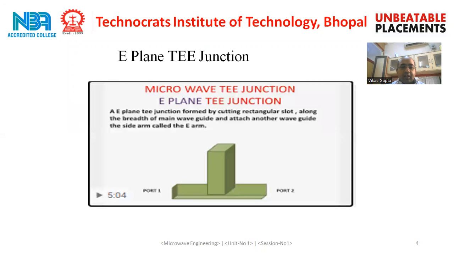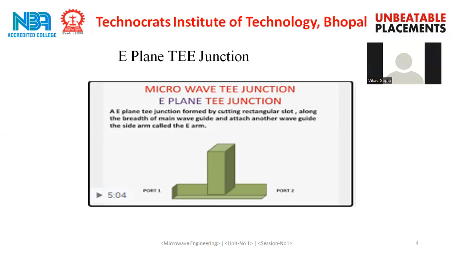Here I have written that an E plane T junction is formed by cutting a rectangular slot along the breadth of the main waveguide and attaching another waveguide, the side arm called the E arm, to form an E plane T junction, in the way we discussed for the H plane T junction.